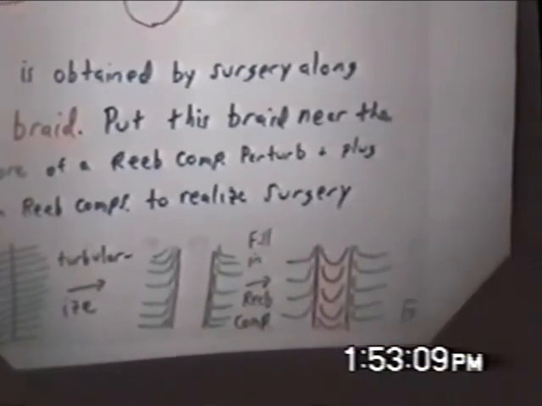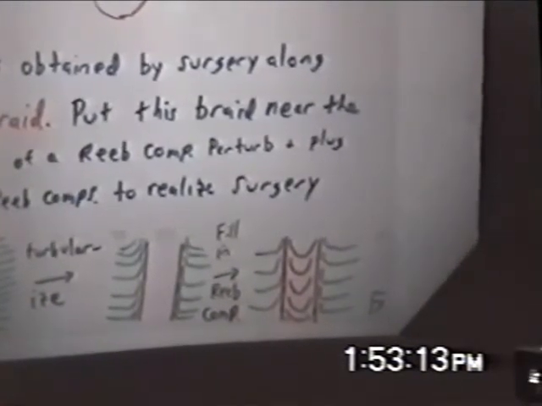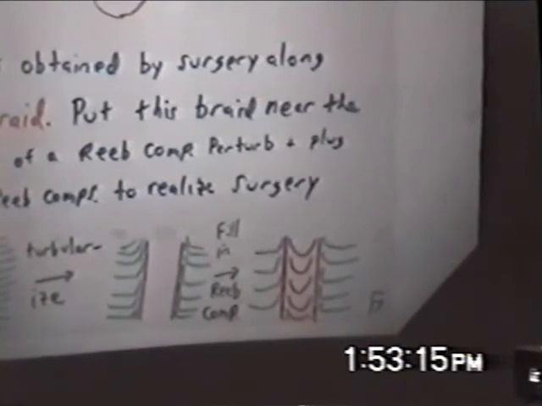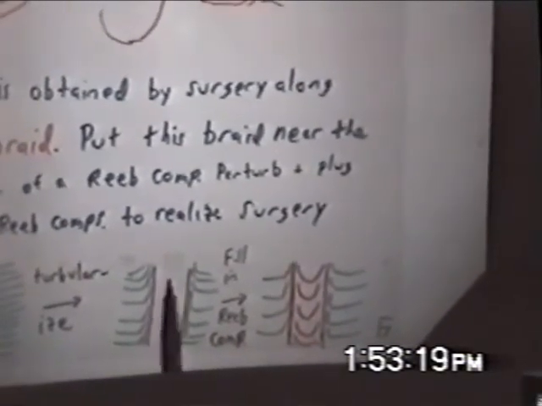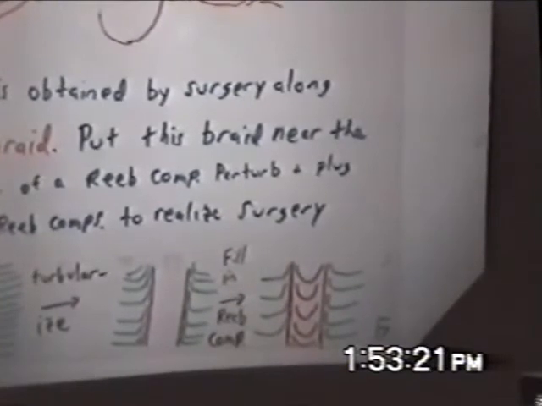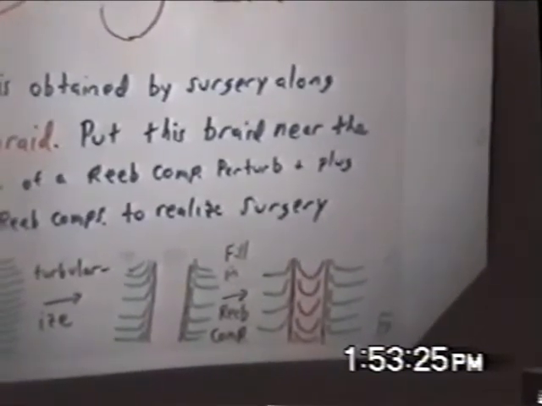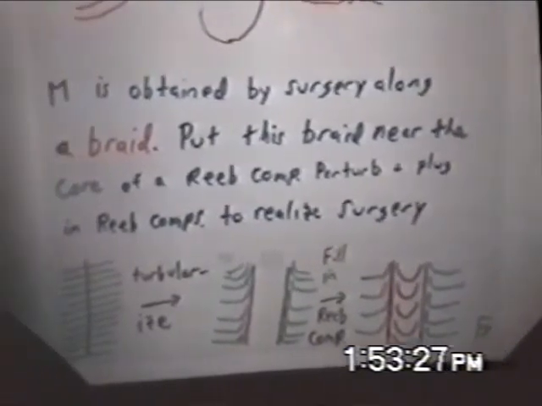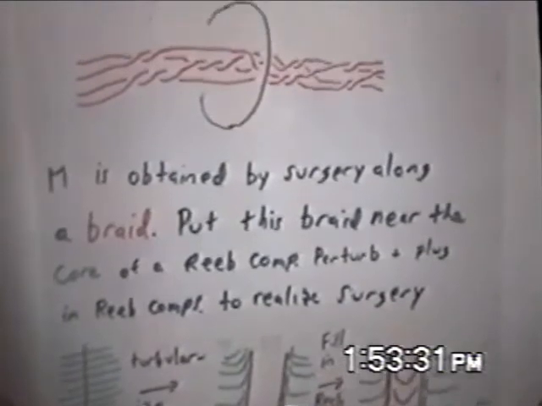Actually, this two-dimensional picture, if you just rotate it around across S1, you'll get really a three-dimensional picture. And now the act of surgery is filling in with a Reeb component. So now we see that every 3-manifold has a codimension 1 foliation.